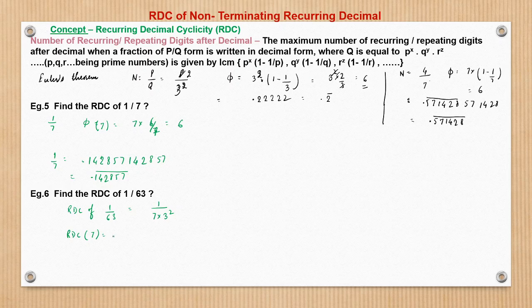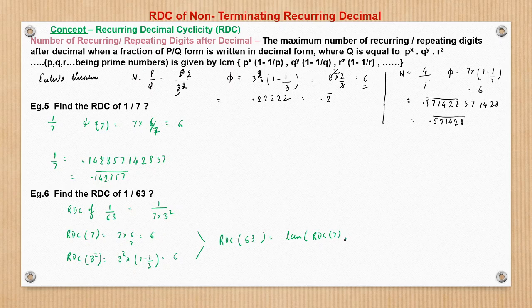We will find the RDC of 7, which is 7 into 6 by 7, which is 6. And the RDC of 3 square is 3 square into 1 minus 1 upon 3, which is again 6.